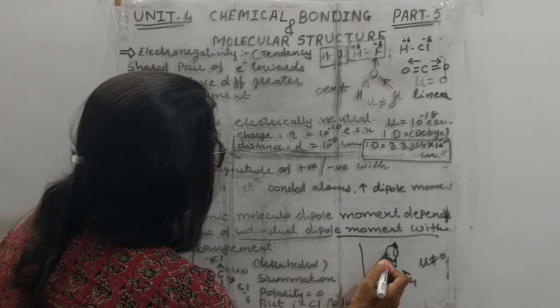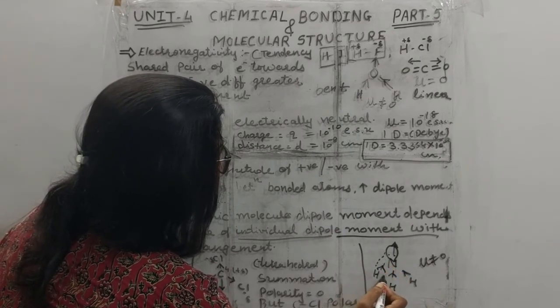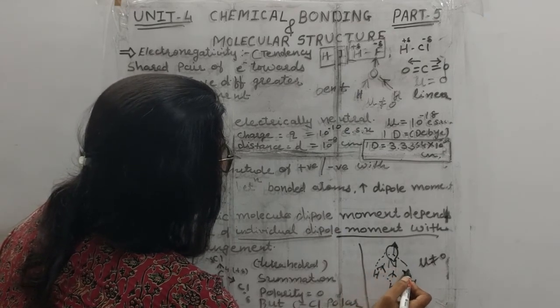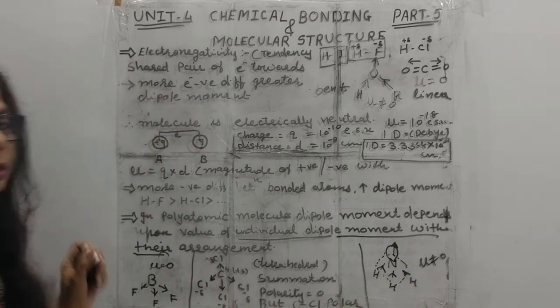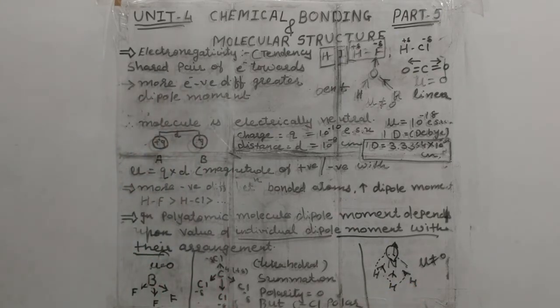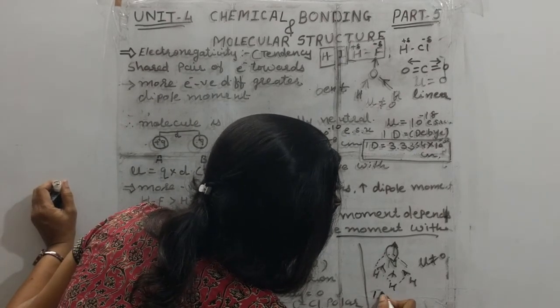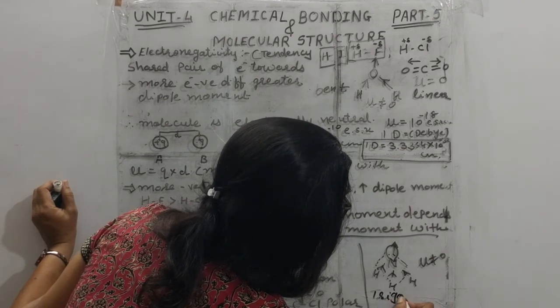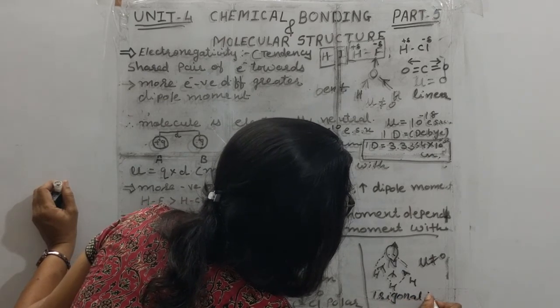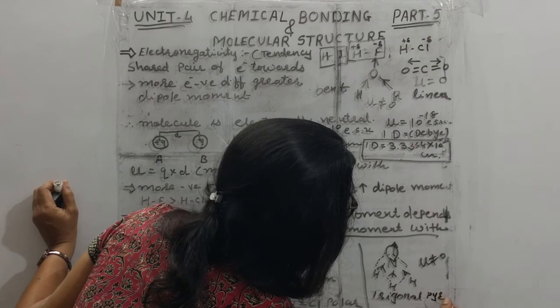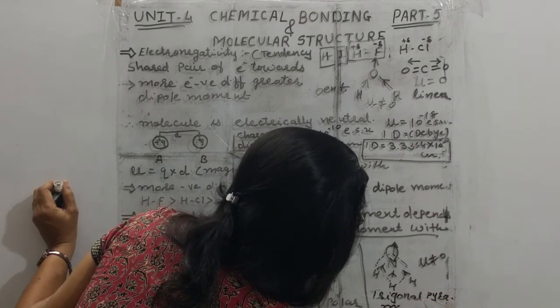So due to this lone pair, the shape of NH3 is known as trigonal pyramidal.